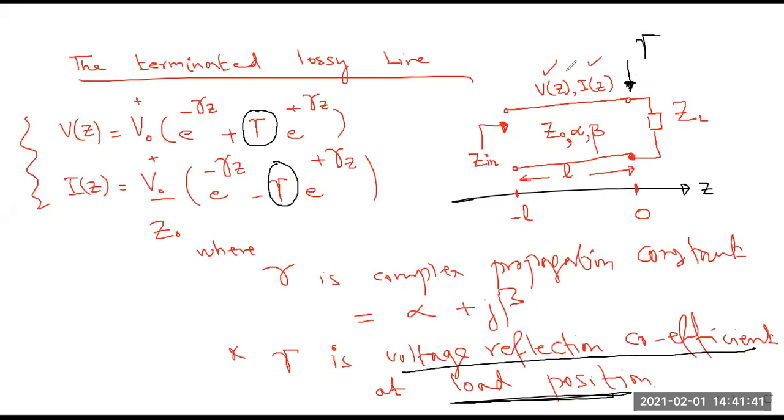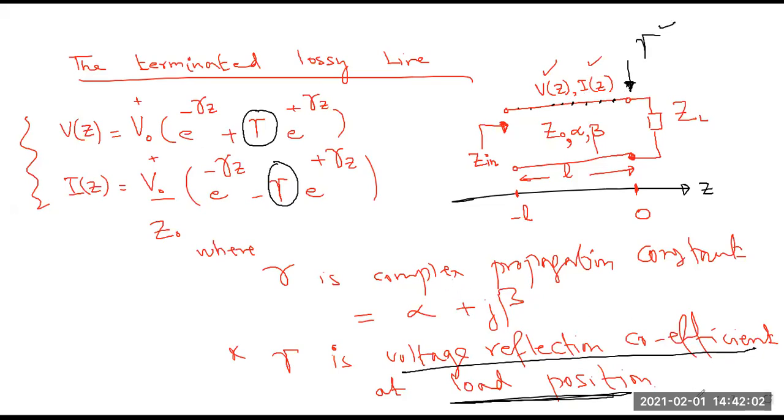But I may be interested in finding out how much the reflection coefficient is at this point, at this point. At each and every point on the transmission line, the reflection coefficient will have its own value, and it is not going to be represented by this symbol.